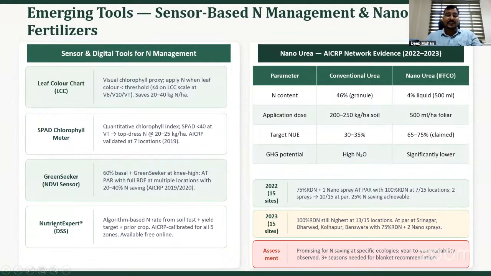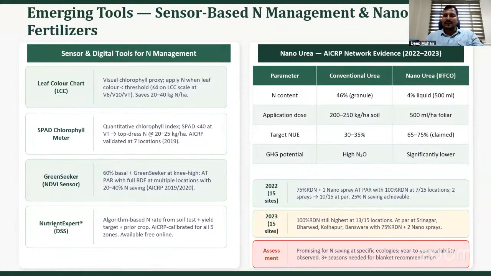Leaf color chart is a very simple tool. It's a laminated card with different color strips. We compare the leaf color chart with the color of our leaves, and how much to apply is written behind that laminated card. SPAD meter, same again. It's a handheld chlorophyll meter. It has better accuracy.